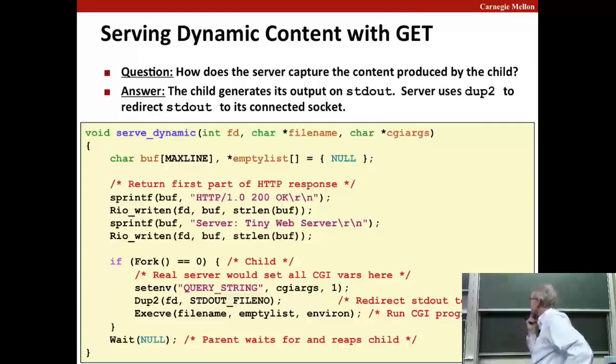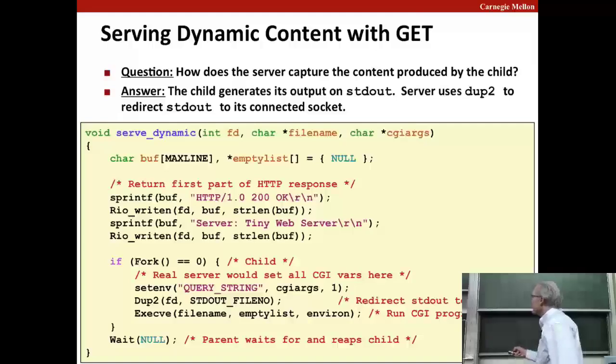Wait a minute, let me look at this. Oh, I'm sorry. File descriptor is the client's file descriptor. Oh, and we're in a fork, I'm sorry. So now we're in the child process. Okay, let me read all the code. And within the child process, it's going to rename its standard output so that it's writing directly to the client.